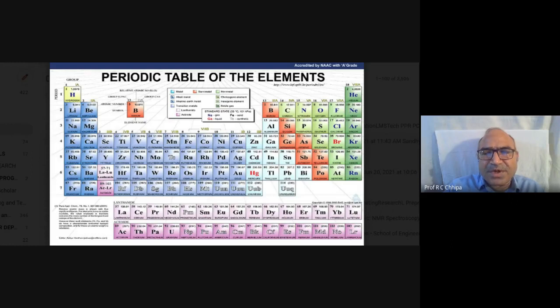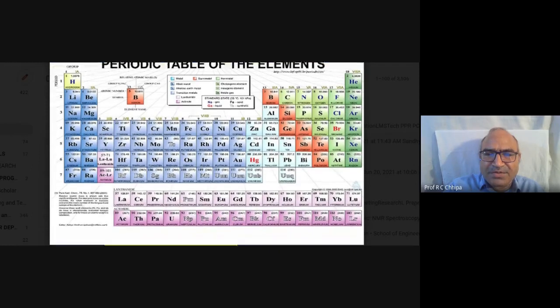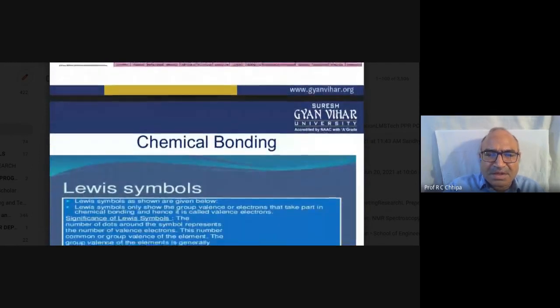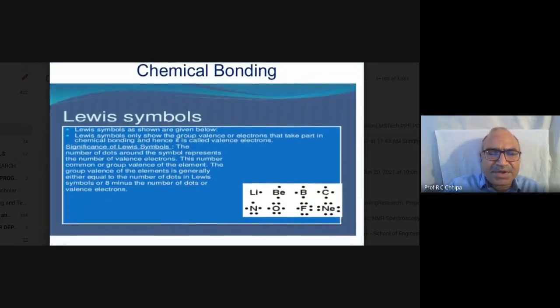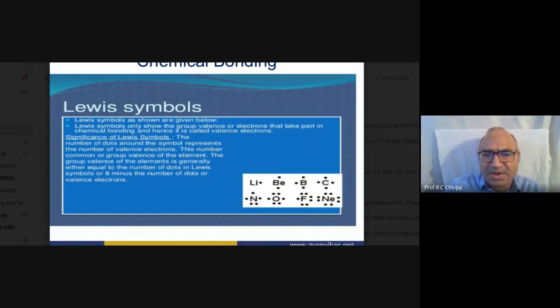The electronic configuration of oxygen is 1s2, 2s2, 2p4, and hydrogen has 1s1. So two hydrogen combine with the oxygen and form H2O. Now we have to see this represented with the help of chemical bonding.